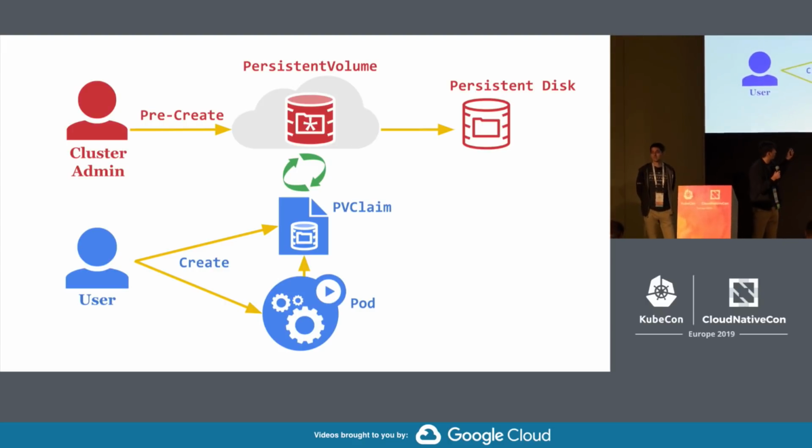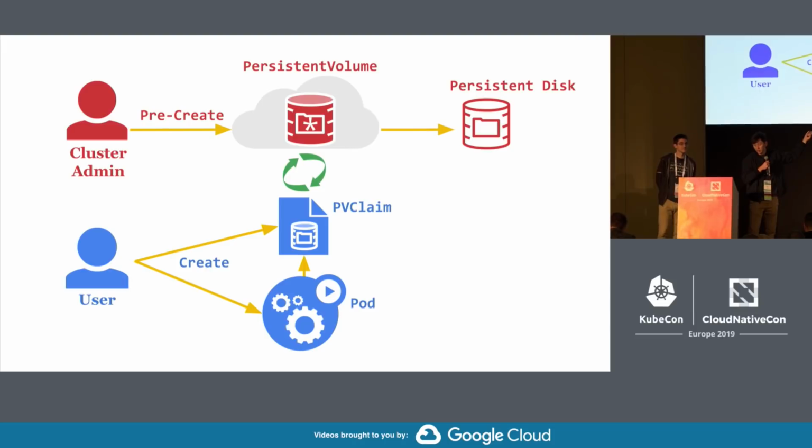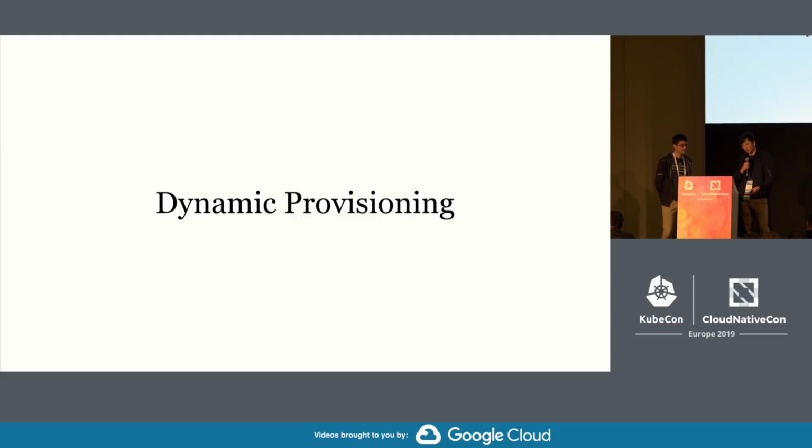And that references a PVC, which can then bind to the most appropriate persistent volume. So in this case, the persistent volume claim finds the most appropriate persistent volume in the system and binds to it. All right, so that's the basics, and then we have dynamic provisioning.